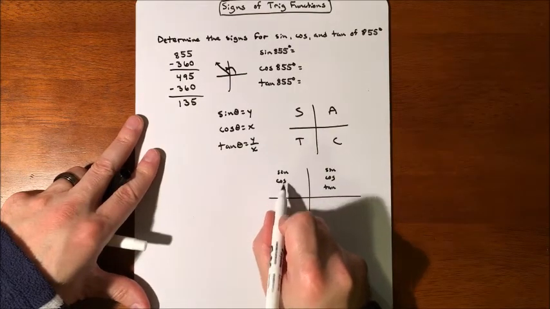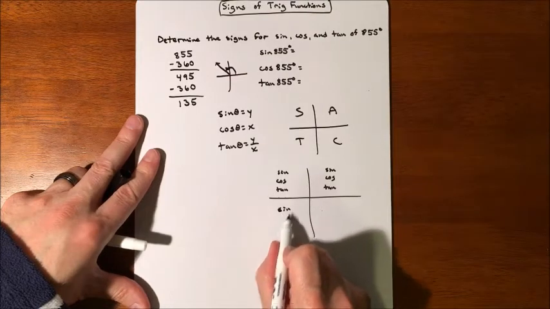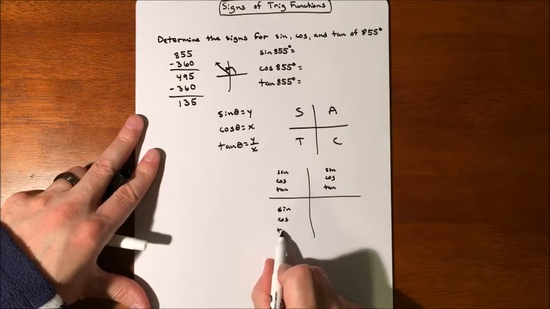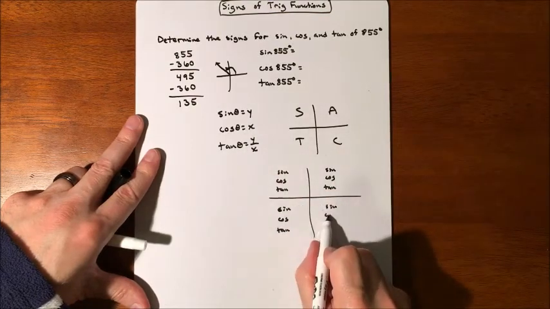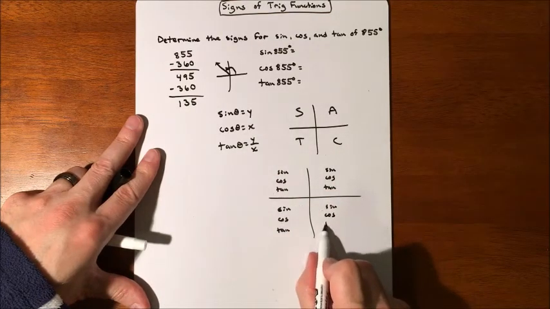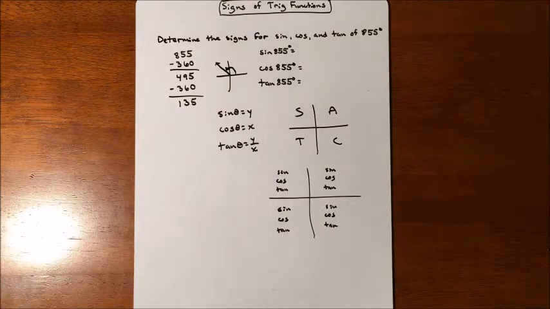If sines are y's, cosines are x's, and tangents are y's divided by x's, we can figure out what the signs of all of these are in each of the quadrants.